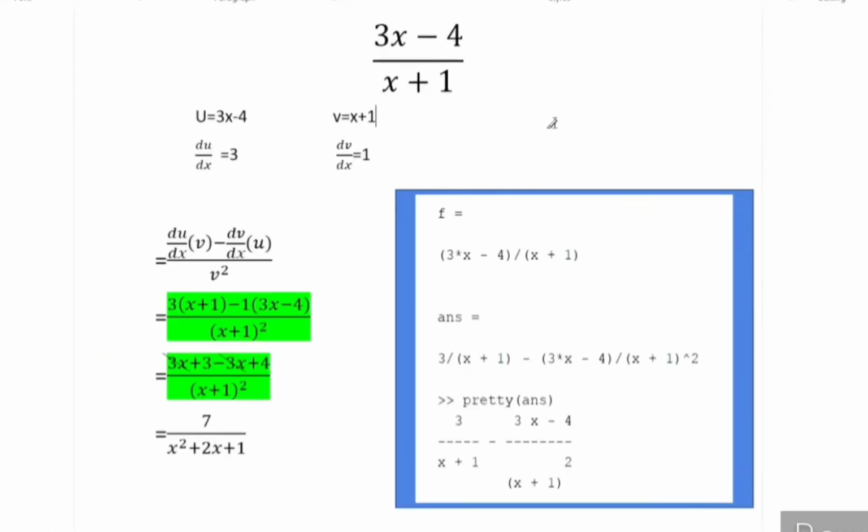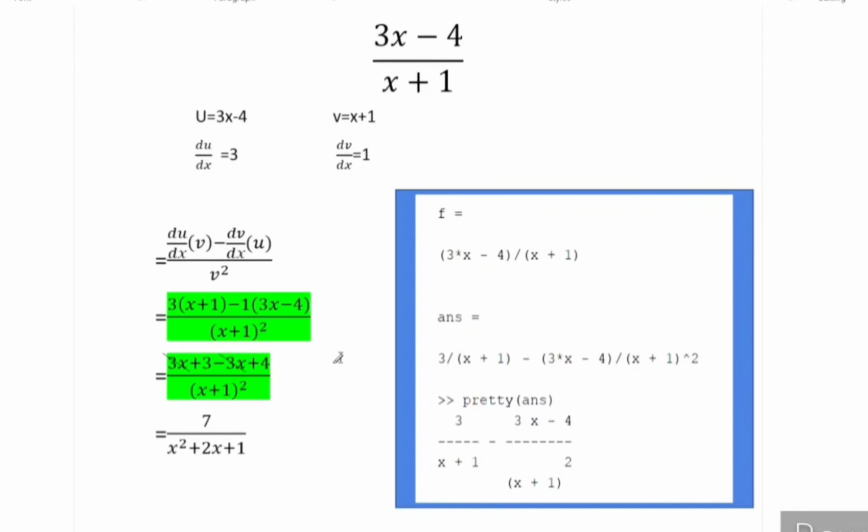So for the calculation method, we will take 3x minus 4 as the u and x plus 1 as the v. So du over dx will get 3 and dv over dx will get 1. So we must input it into the formula du over dx times v minus dv over dx times u divided by v to the power of 2. So the answer we will get is 7 divided by x to the power of 2 plus 2x plus 1.